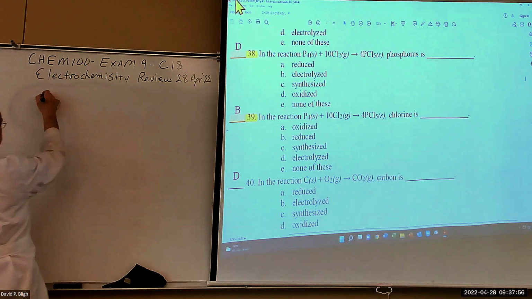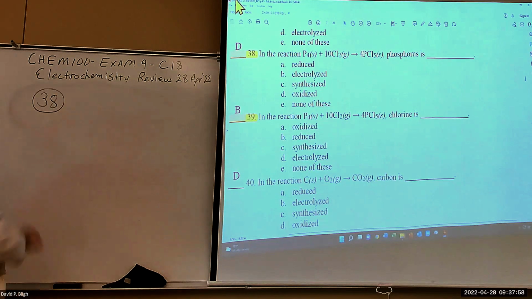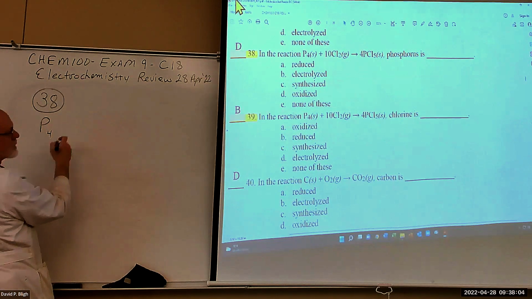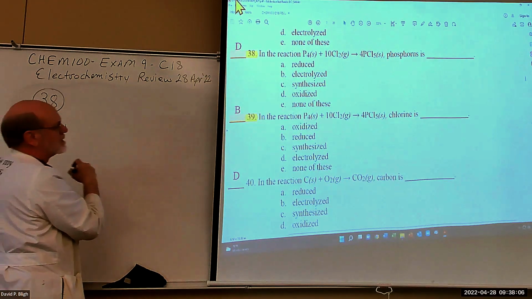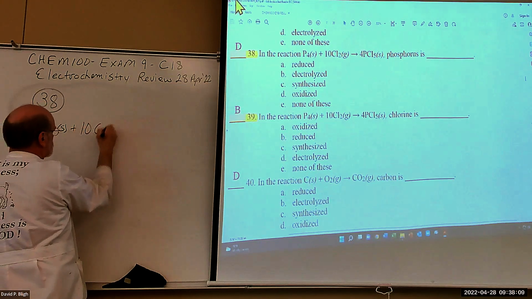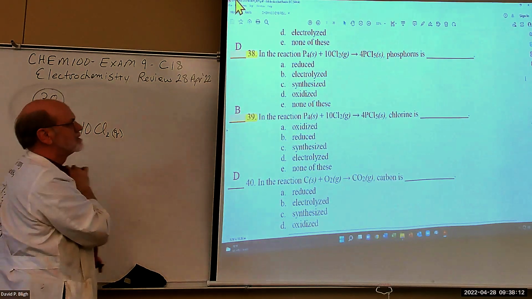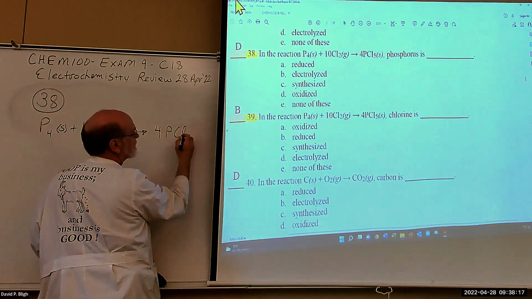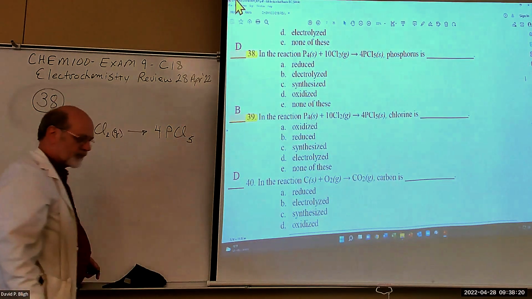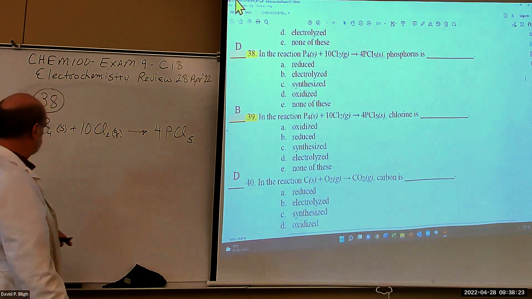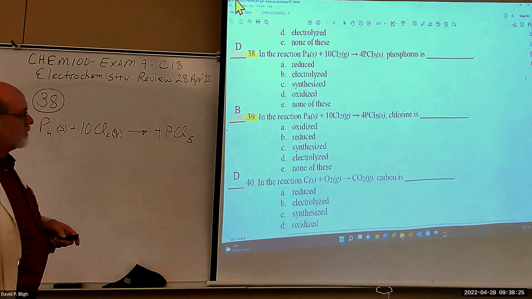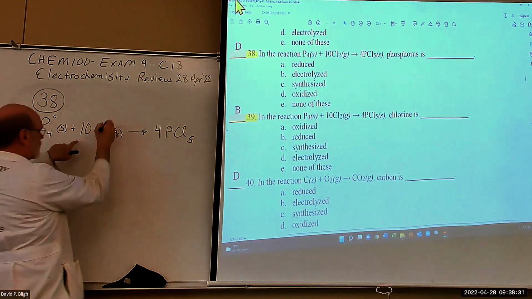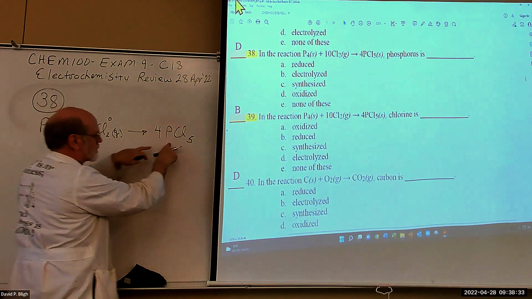Okay. 38. In the reaction, phosphorus plus chlorine gas yields 4 PCl5, phosphorus pentachloride. What are we looking for? What happens to phosphorus? It's 0 here, chlorine is 0 there. This phosphorus is what?